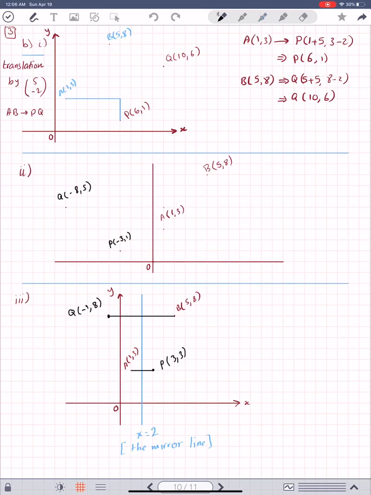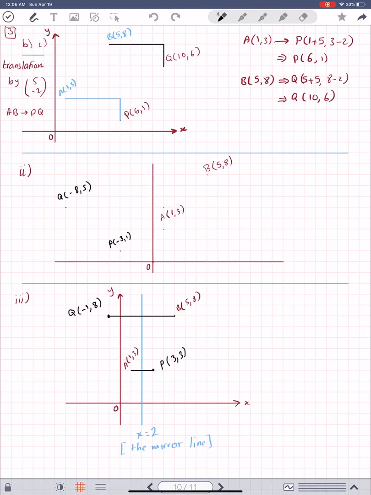And we did the same. Let me use a different color for B. 1, 2, 3, 4, 5 to the right. Then 2 units down. This is the coordinates of Q. Part 2, rotation. When we do rotation, what do you mean by rotation? I'll show you this in an easy way.